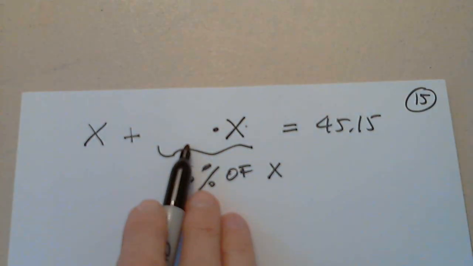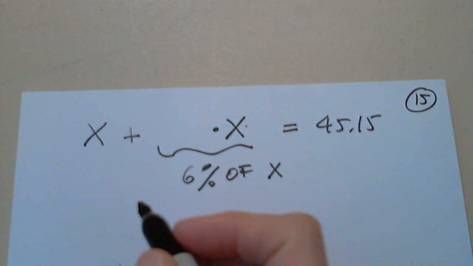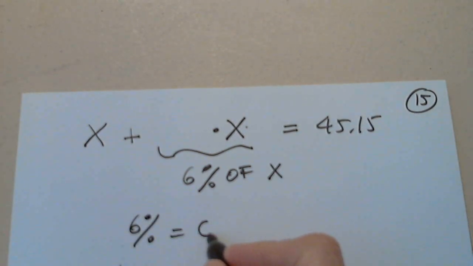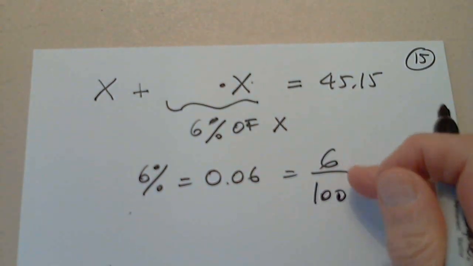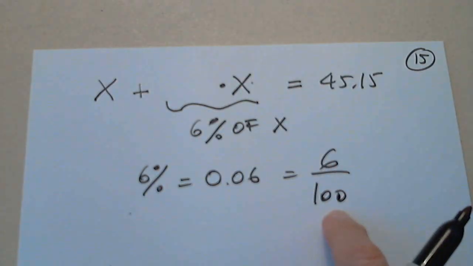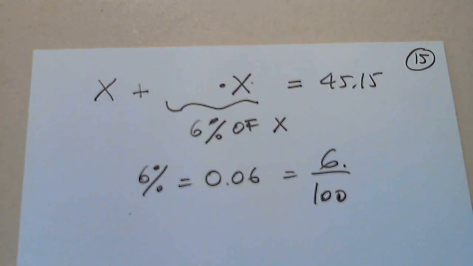How do I write 6%? Because I cannot use percent, I have to change it into a decimal number. So 6% is equivalent with 0.06, or 6 over 100. 2 decimal digits, I have to move the decimal point 2 spots to the left.